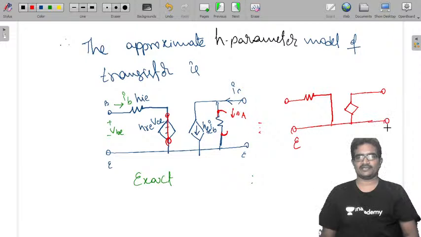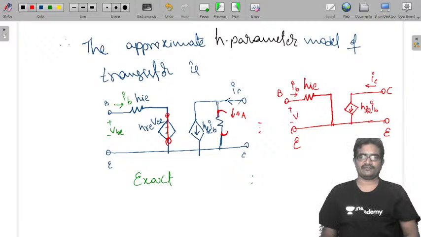It is common emitter, base, HIE, IB, collector, IC, HFE into IB. So this is VBE, this is VCE. That's it.